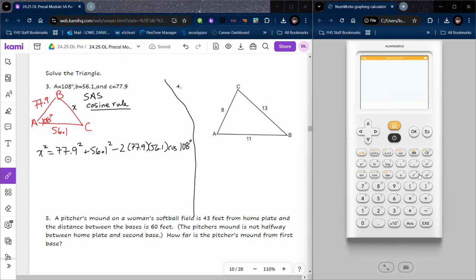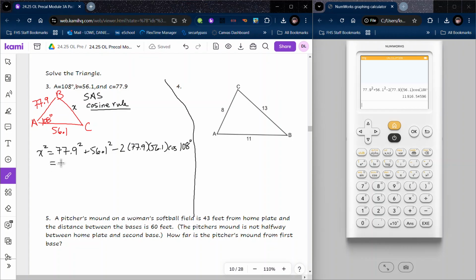All right, let me come up to my calculation. So 77.9 squared plus 56.1 squared minus 2 times 77.9, close parentheses, open parentheses, 56.1, cosine of 108 degrees. All right, so that's x squared, which is approximately 11,916.54596.